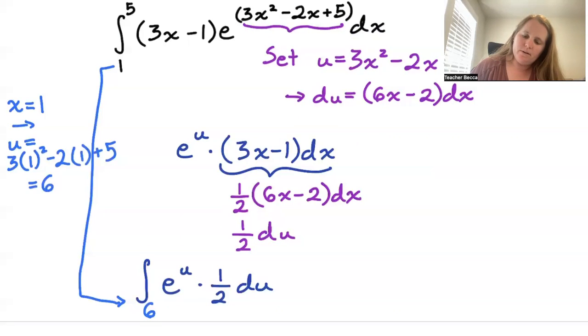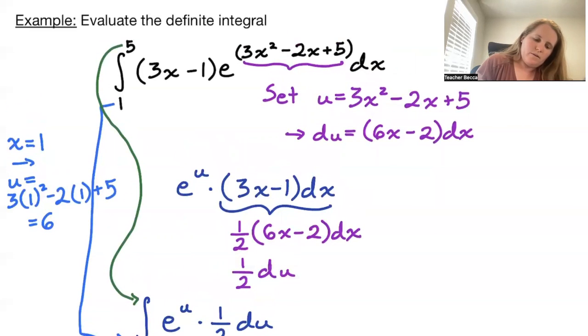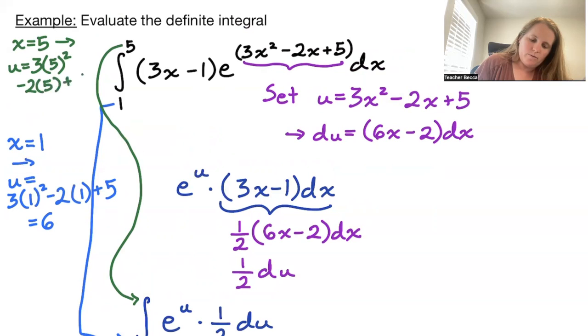Our upper bound, x equals 5, means we have u is equal to 3 times 5 squared minus 2 times 5 plus 5. That is 75 minus 10 is 65, plus 5 is 70.